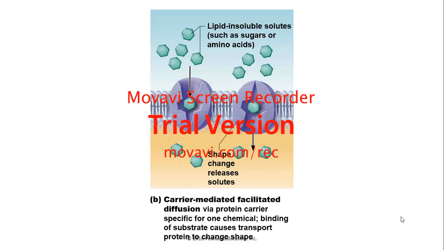Channels can transport molecules such as ions or water down their concentration gradient. So it goes through these channel proteins, and you have two types. You have leakage channel proteins, which are always open, and then you have gated channel proteins, which are controlled by a chemical or electrical signal.